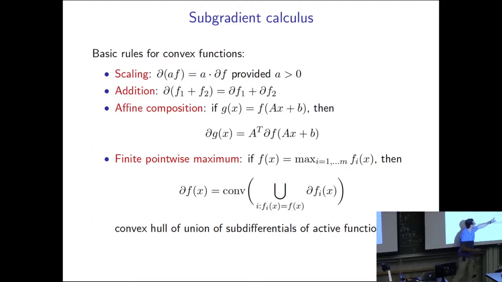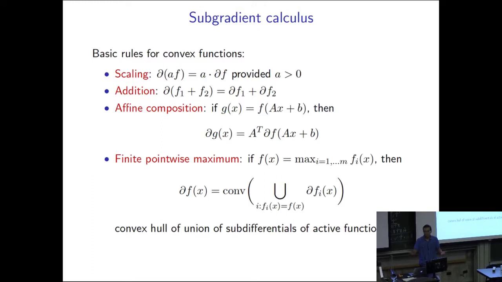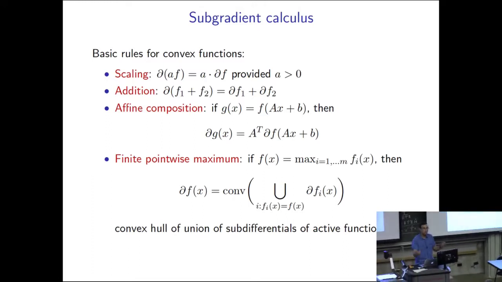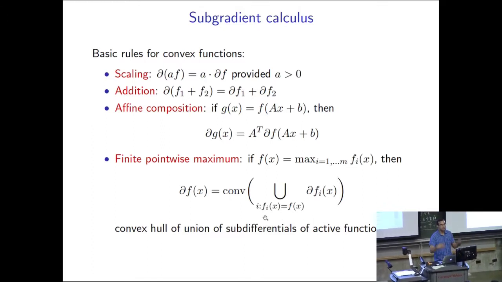So it could just be one function, could just be that the maximum is achieved at f1, or it could be many functions, f1, f2, f3, some collection of functions. Find all of those functions, and we're going to call those active functions. They are the functions that achieve the max in defining f. For each one of those functions, take their subgradients at x. So that's what we have here.